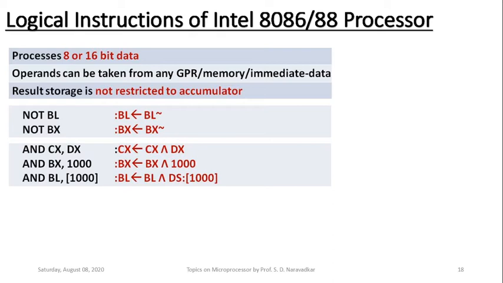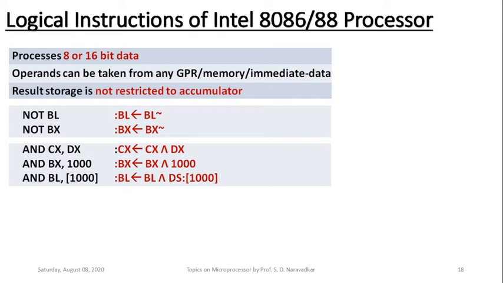It clearly means that the result of a logical instruction need not always be copied to the accumulator. It is copied to the place which is specified in the destination.